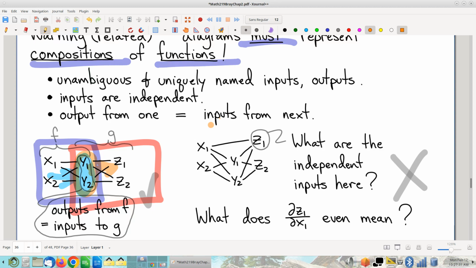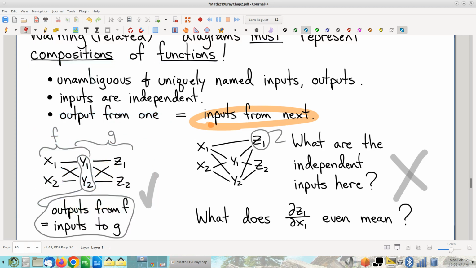So the inputs for the second function, the outputs from the first function, those have to be the same. That's what it means to compose. So make sure that your diagram fits in this form, and if it doesn't, you can't use that diagram as written, at least not with the way we have things set up here.